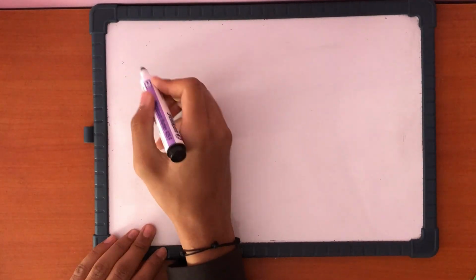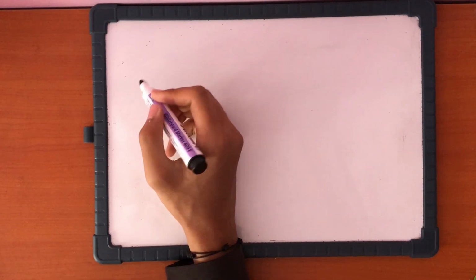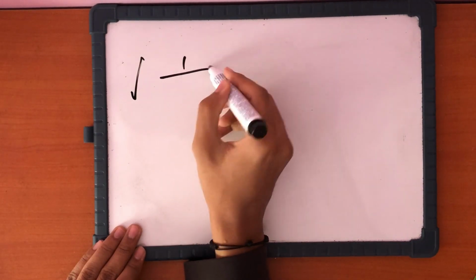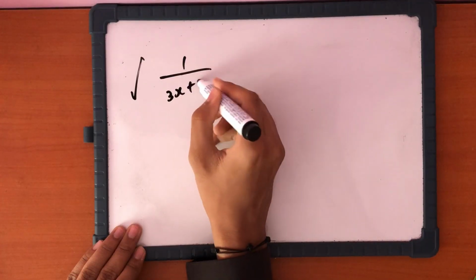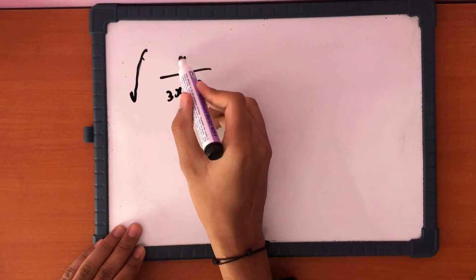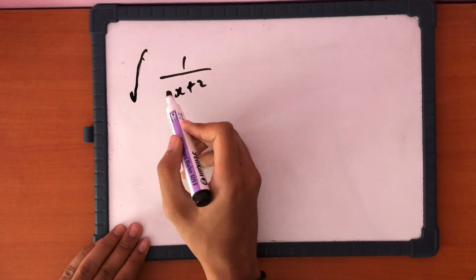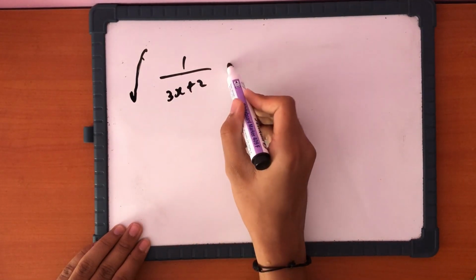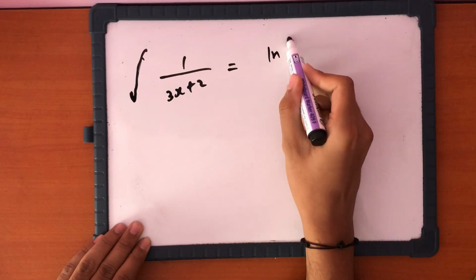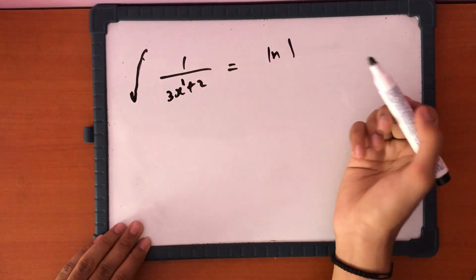Another example the textbook has: the integral of 1 over 3x plus 2. Here the outside function is 1 over something, and the inside function is 3x plus 2. As we know, when it's 1 over something and this is linear, we use ln.